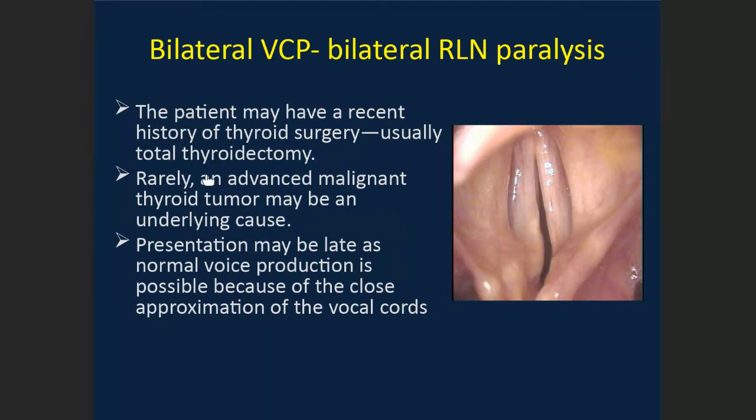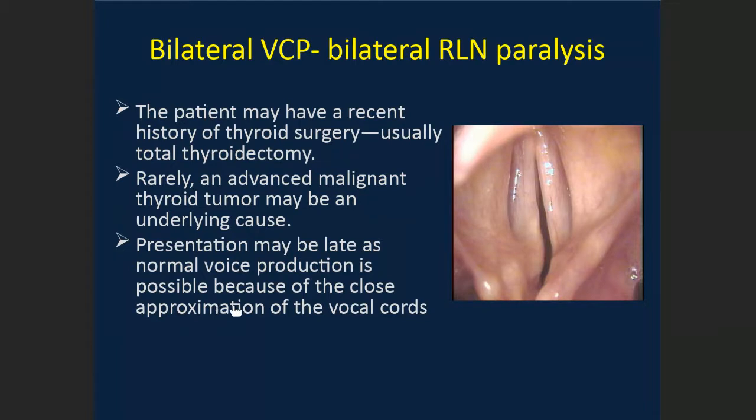Usually after a total thyroidectomy, in the recovery room, he will have stridor and respiratory distress. Think about bilateral vocal cord paralysis.